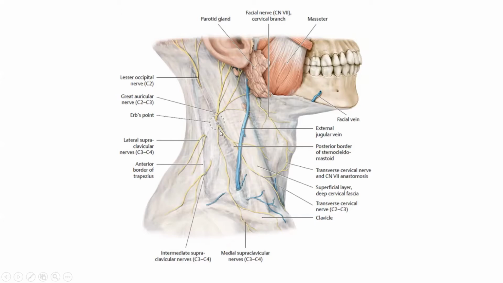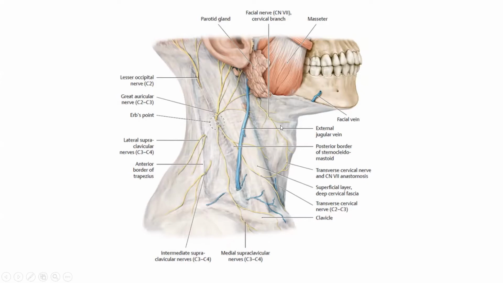What I mentioned is the transverse cervical nerve. It's communicating with the cervical or colli branch of the intraparotid or parotid plexus from the facial nerve, which is a pure motoric nerve innervating the platysma.